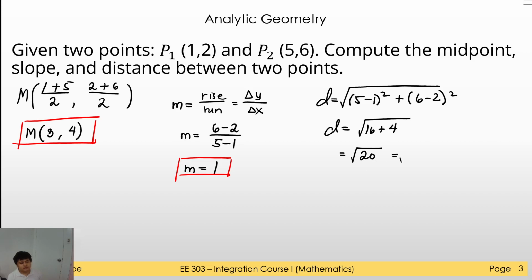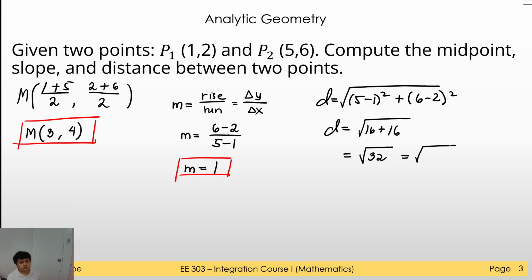We can simplify this further. We know that this is just 4 times 5. Sorry, 4 squared is 16 as well. So this is equal to the square root of 32.